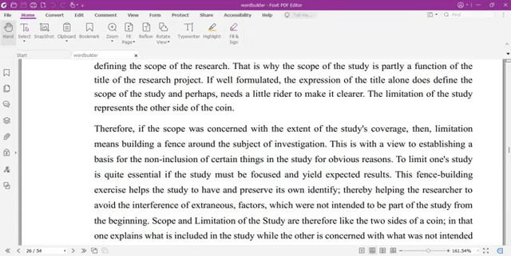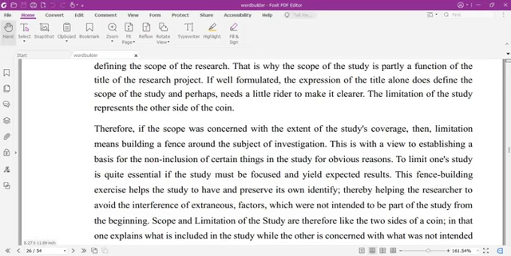Yes, just like I said, it will prevent you from going wider into things that are really not necessary in the work you're doing. Limitation, scope. Scope and limitation of the study are therefore like the two sides of a coin. The same coin, but two different sides.